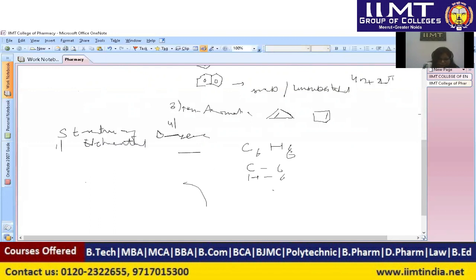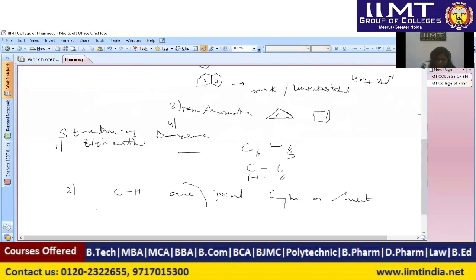Now let us proceed further. The second thing in the analytical evidences is that the carbons and hydrogens are joined together to form a structure.